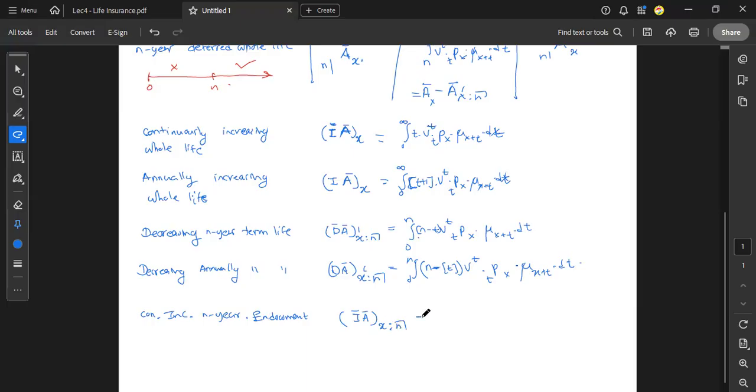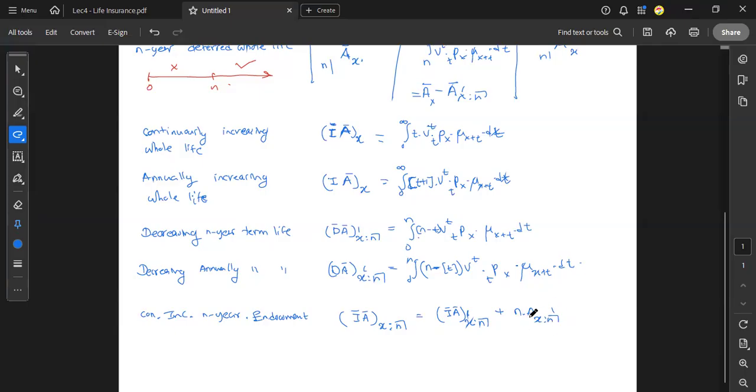The increasing part is term life, where the death benefit is paid at the moment of death and the benefit also increases continuously, and after n years, it's just this.